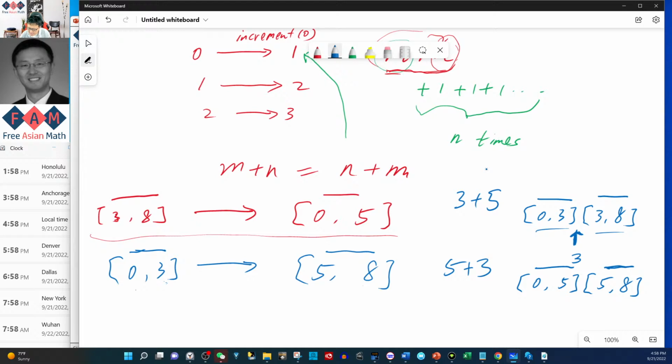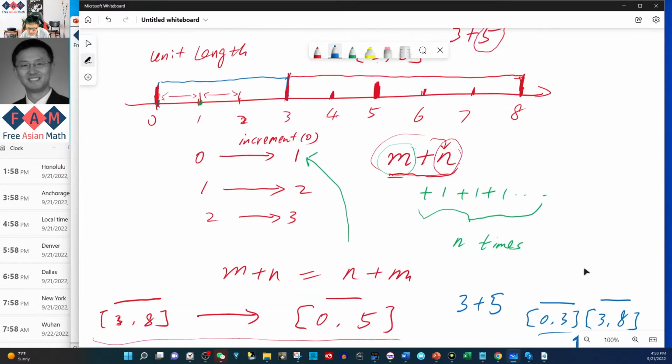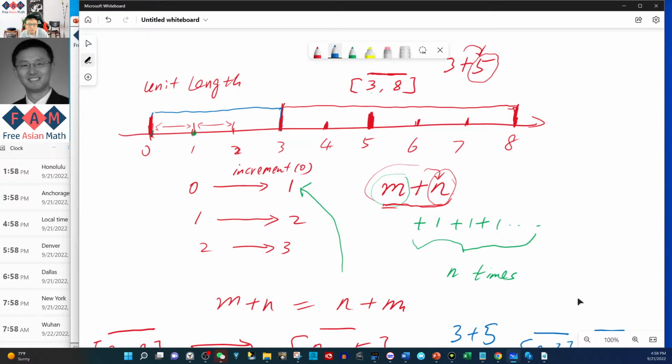But in this case, it does give you more confident agreement to say this is generally true. 3 plus 5 equals 5 plus 3, because the geometric interpretation is that when you swap them, it's really sliding those two on the number line, and because the two will not change their length, the total length must be the same.